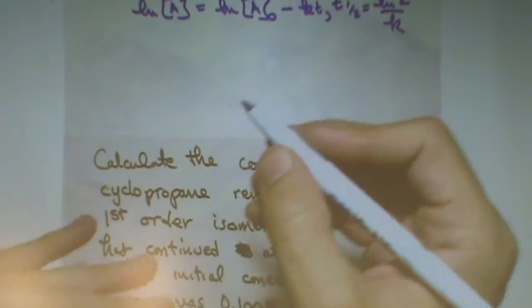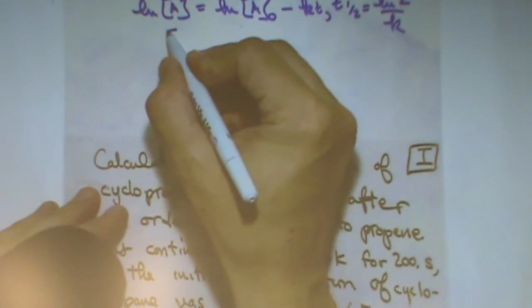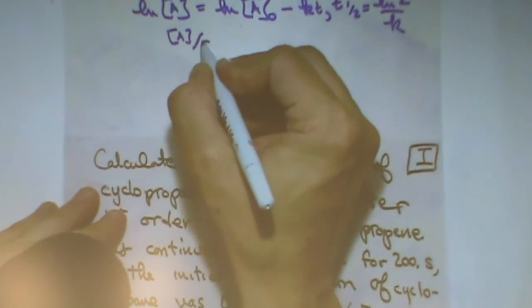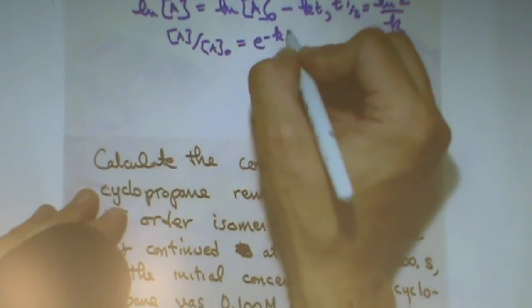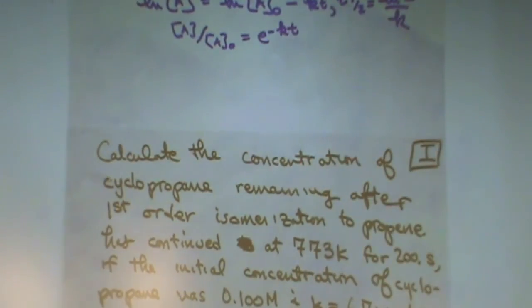Now, one thing, I give you it in this form. You need to be able to write it in both forms, so it can also be written like this. That's if I put the natural logs together, and then I move the natural log over and then make it e to the minus kt.